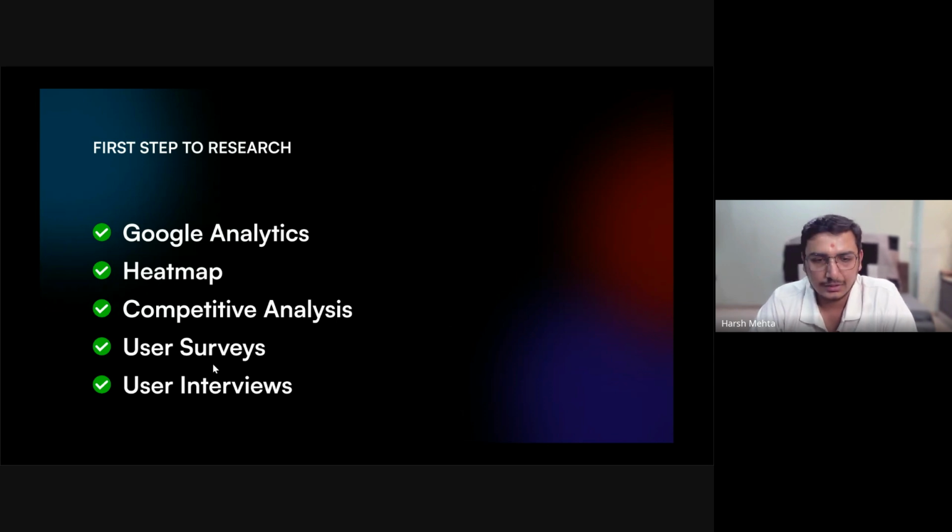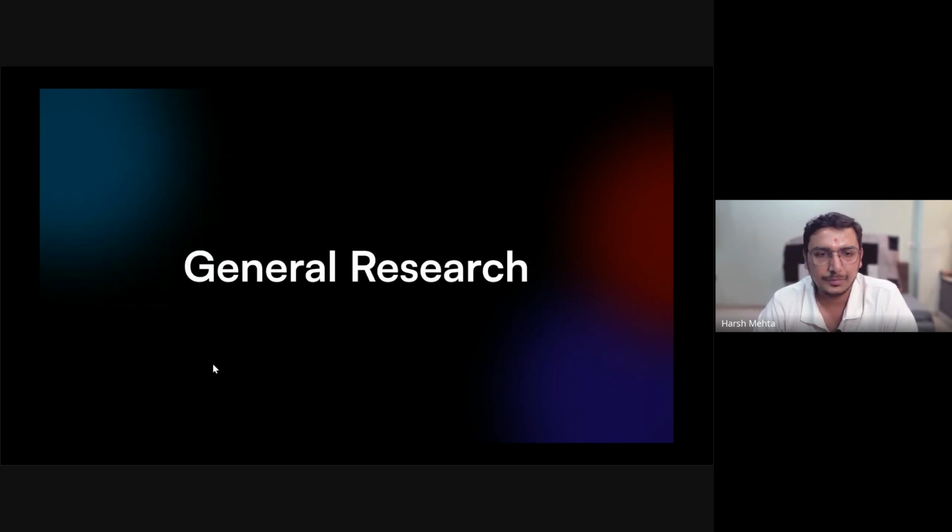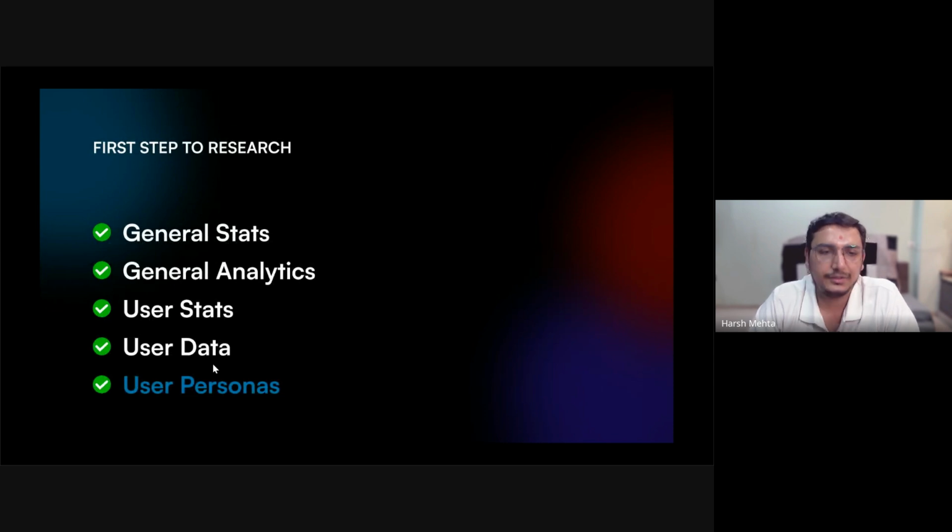Okay. So let's move ahead to the next part, that is the general research. Now what is general research? It is that research which is available on the internet for us.